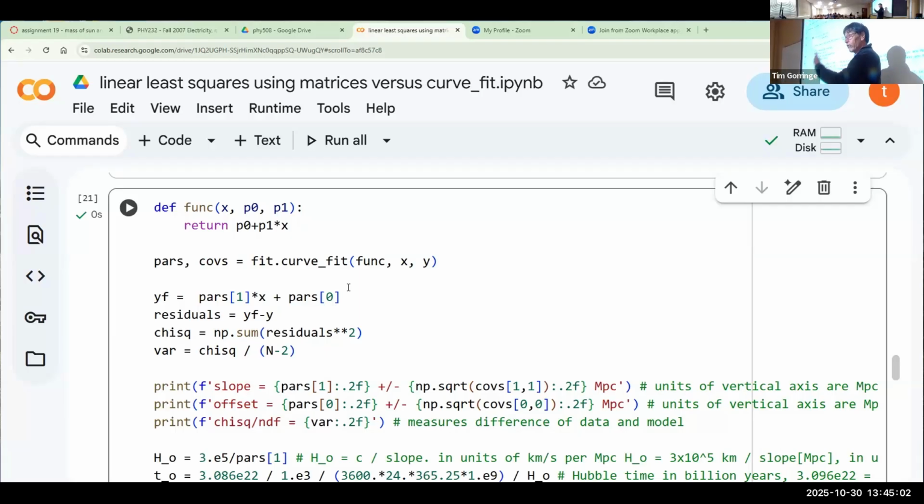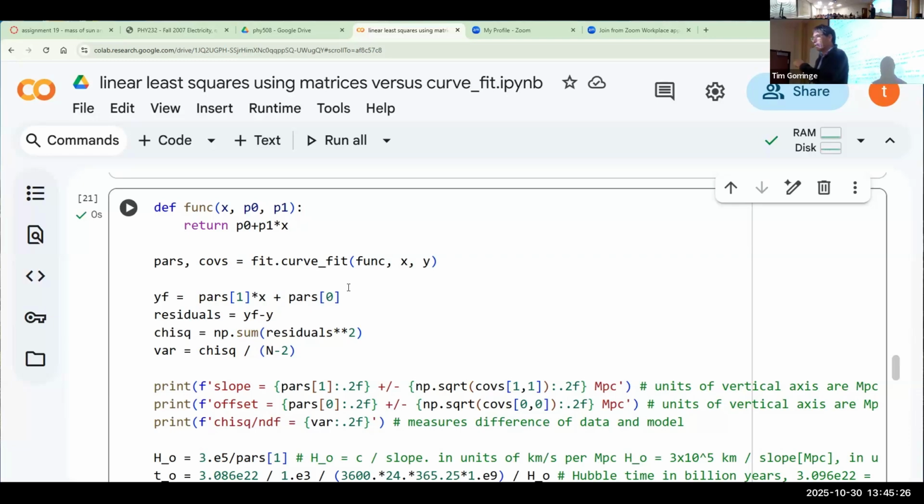The way you tell it the function you want to fit is by defining a user function that embodies that function. Calling curve fit with these arguments performs the fit. It does the least squares fit, and it returns 2 arguments.